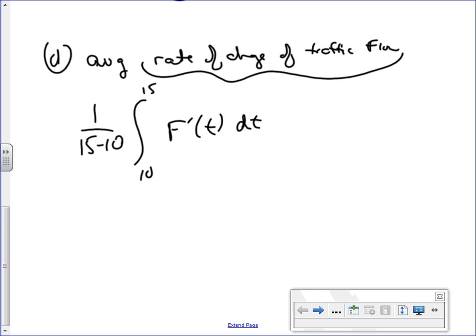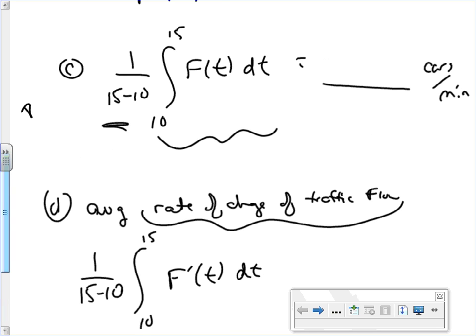Okay, I said I only wanted to do a plan, but on this one we're going to do the next step, because this throws people off sometimes. They're like, oh, I don't have F prime. How am I supposed to do that? That's okay, because you're going to take the antiderivative of the derivative, which is going to take you to F.